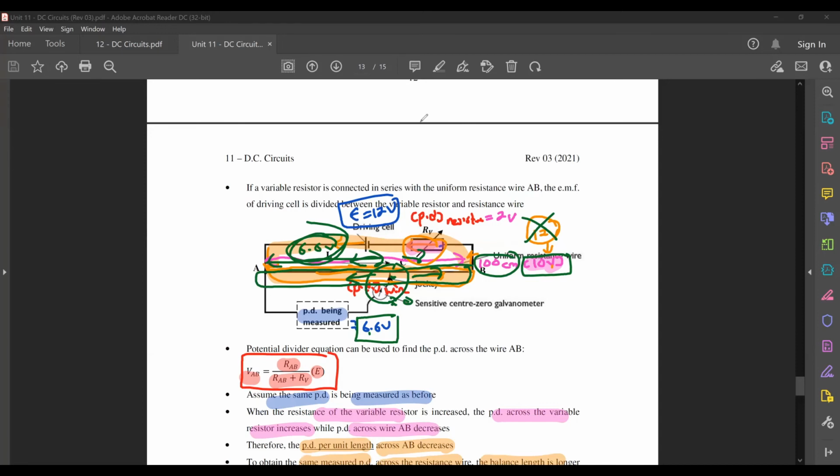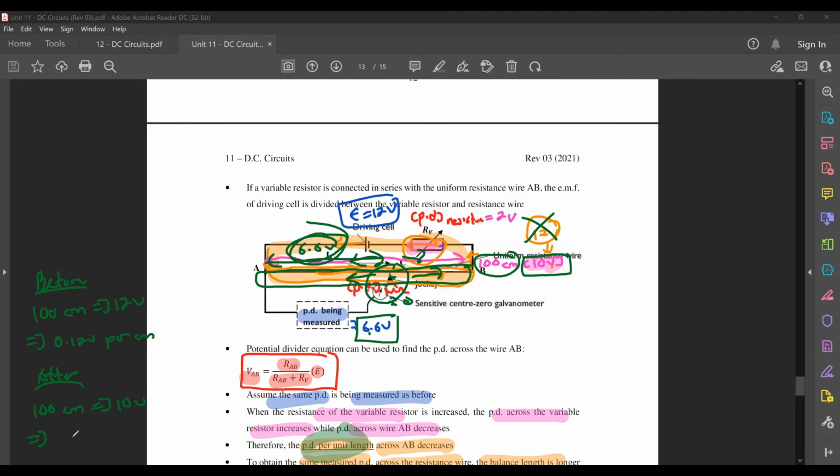The key thing is to understand that your PD per unit length has decreased. If just now before, I told you that 100 centimeter is representative of 12 volts, that means I will get, where's my calculator? 12 divided by 100, I will get 0.12 volts per centimeter. But now after I go and add a variable resistor inside to reduce the PD across my wire, 100 centimeter is now 10 volts.